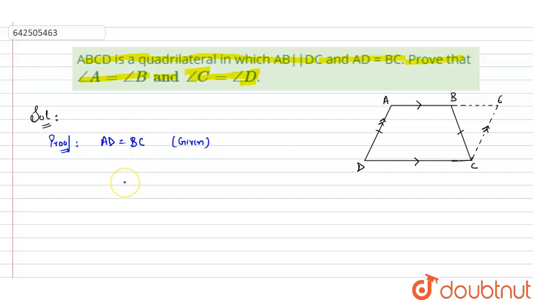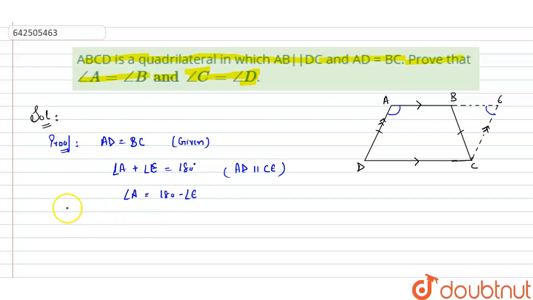And here angle A plus angle E is equal to 180 degrees, as the lines AD and CE are parallel. This is by construction. The sum of co-interior angles is 180. So we can say angle A is equal to 180 minus angle E.